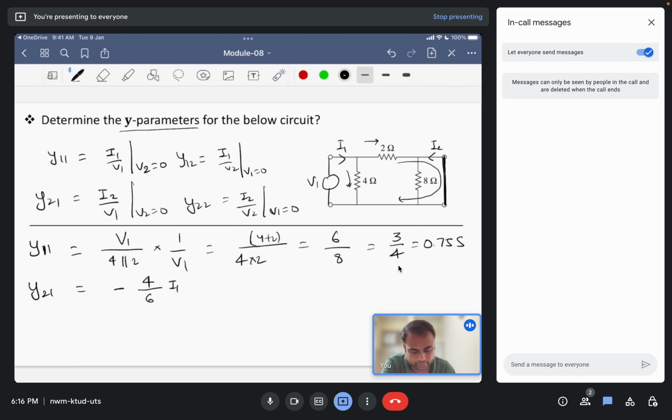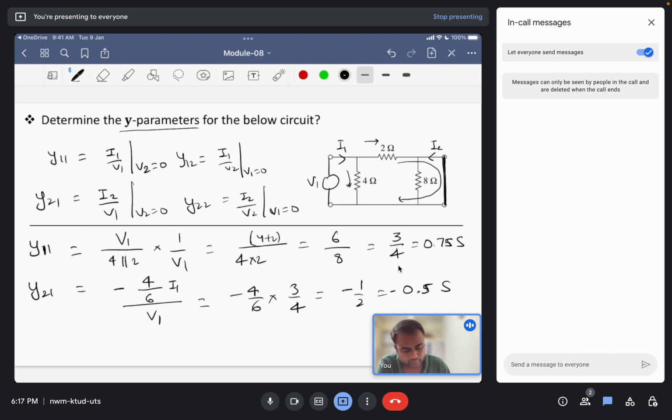This is the value of I2, divided by V1. I1 by V1 we have already calculated, that is 0.75 Siemens or 3 by 4. So minus 4 by 6 into 3 by 4 comes out to be minus 1 by 2, that is minus 0.5 Siemens.